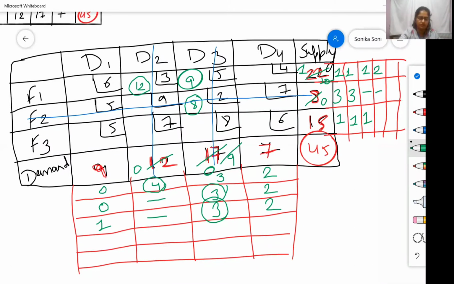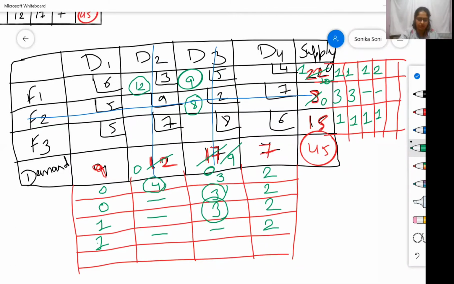For the third row, we have 5 and 6 as the lowest cost, which means 1 is the difference. In the D1 column, the lowest costs are 5 and 6, so the difference is 1. The second and third columns are cancelled out, so they are nil. In the D4 column we have 4 and 6 as the lowest cost, that means 2 is the difference.